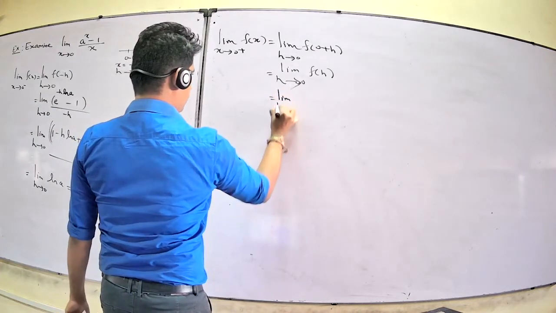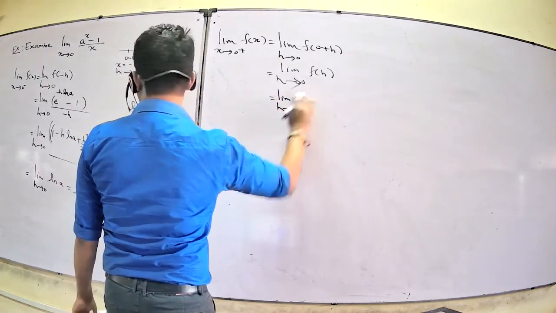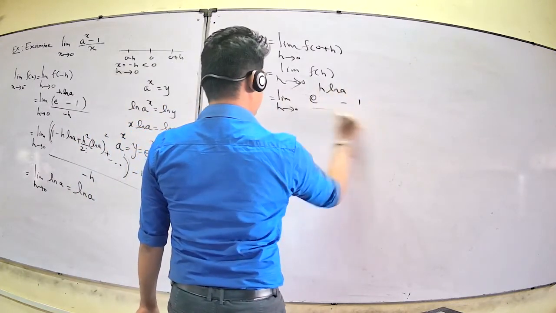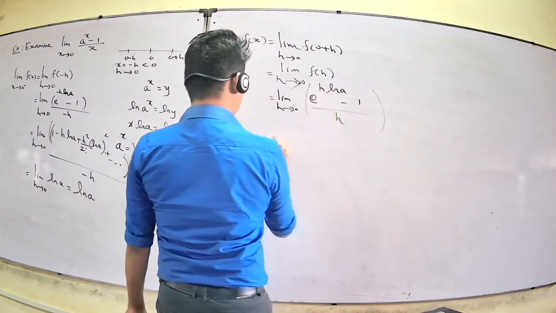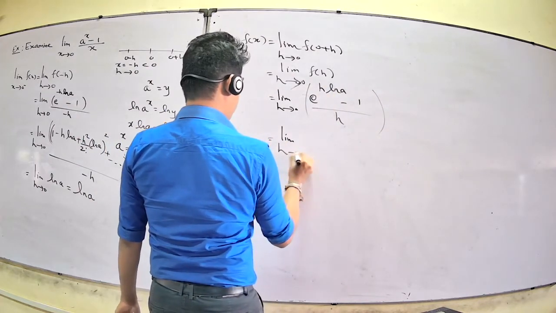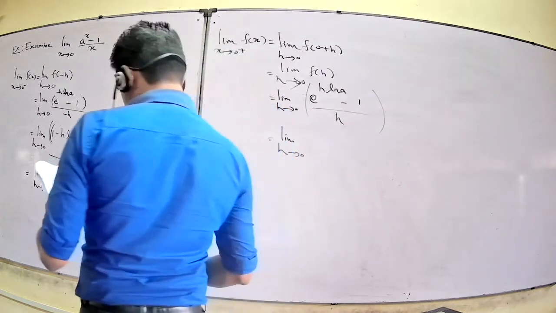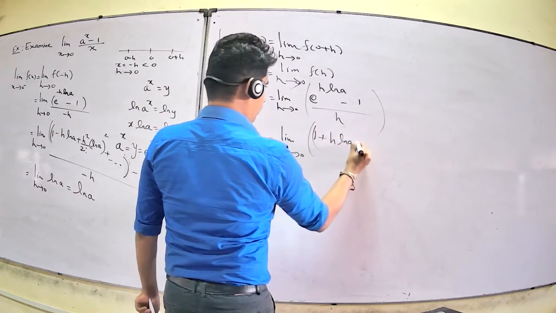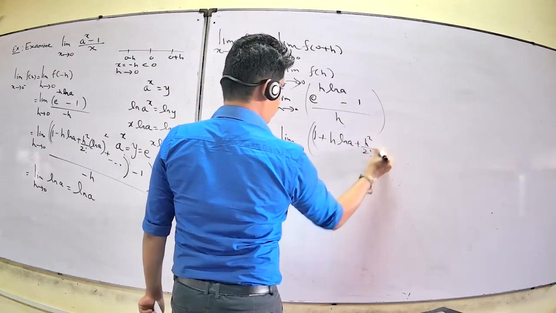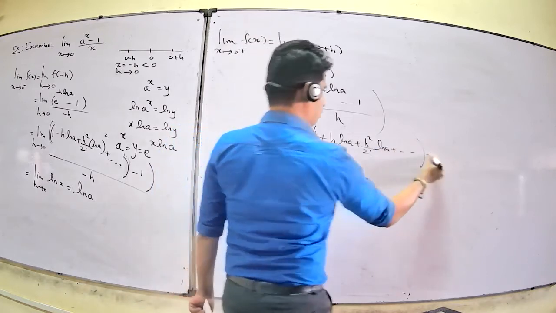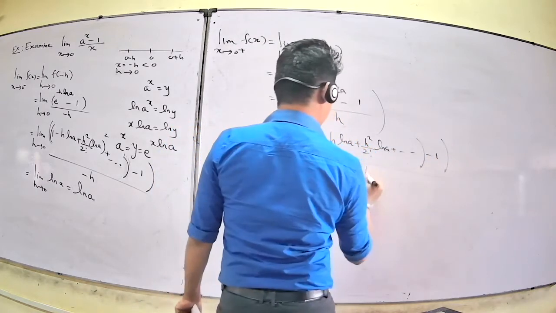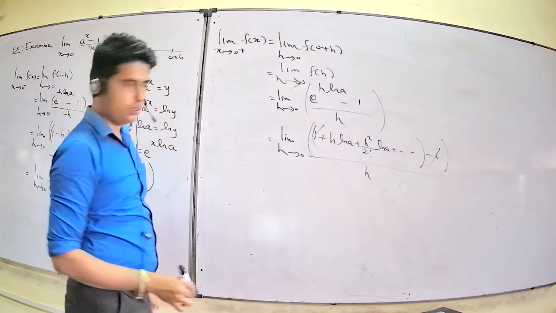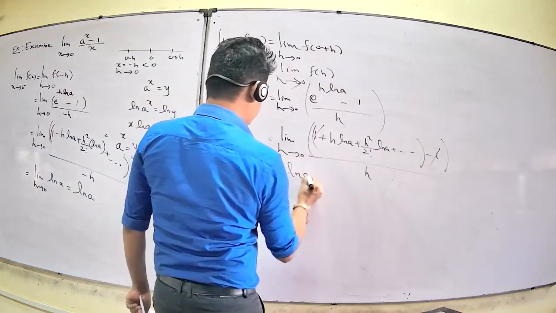Limit as h tends to 0 of (e power h ln a minus 1) over h. Here all terms are positive: 1 plus h ln a plus a squared over 2 factorial ln a squared and so on, minus 1, over h. You can cancel the 1 and 1, then h is cancelled, you get here ln a, others are 0.